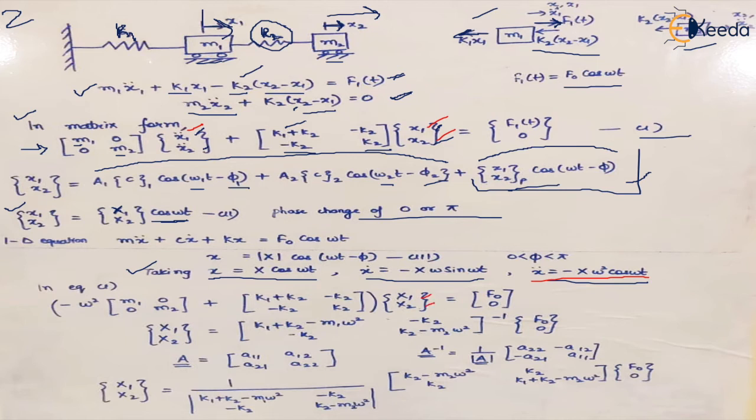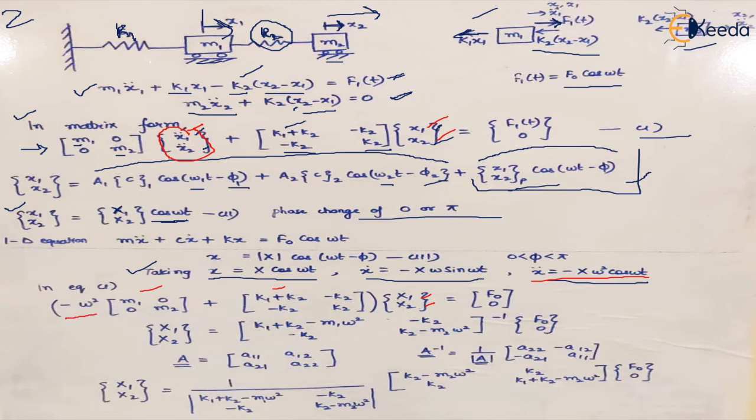Now these factors of k remain the same, and the acceleration is replaced by minus omega square, because we are taking X1 X2 common for both the terms of mass, the inertia body, and the spring. So this acceleration factor, which is x double dot, is replaced by minus omega square.